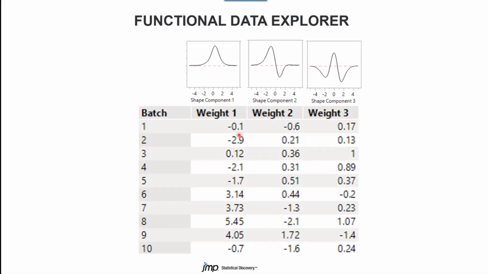A lot of JMP's modeling capabilities around functional data is really about pulling these weights out and then modeling them, maybe using them as responses in a least squares model or a factor forward selection type model, or using them as inputs into a neural network or some kind of tree-based learning method. So this is really how we isolate the maximum amount of information about the curves into the smallest possible representation of the data, and then we work with these.